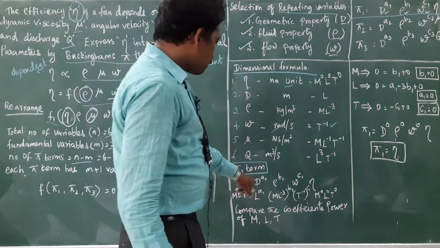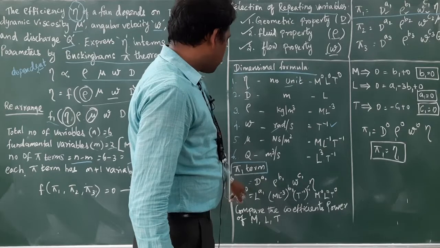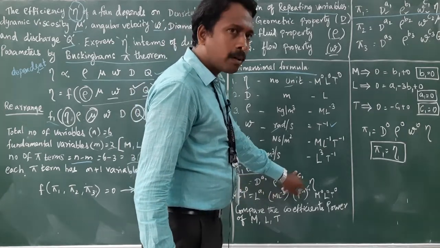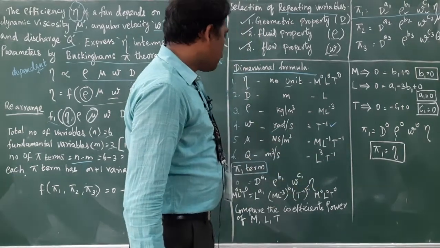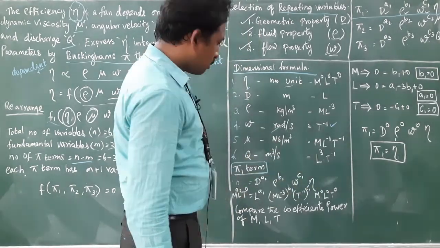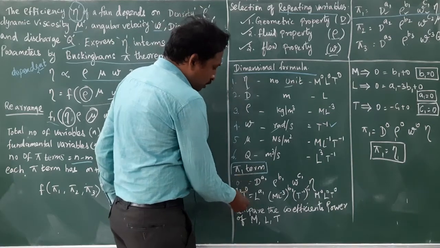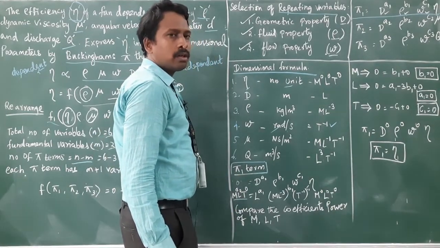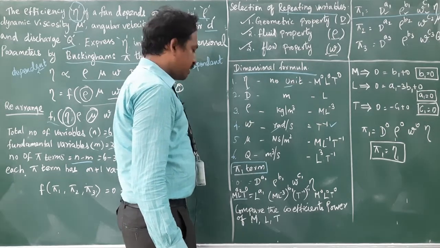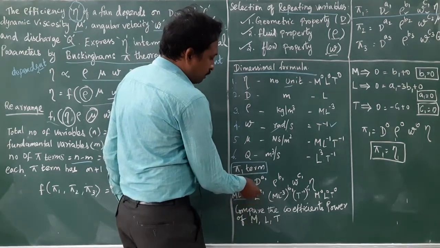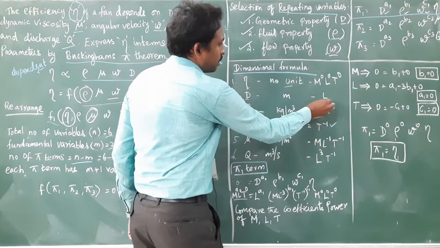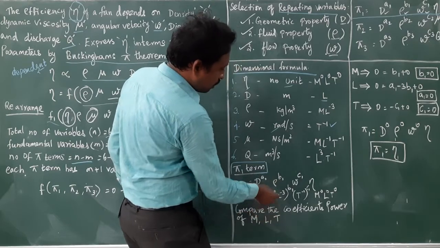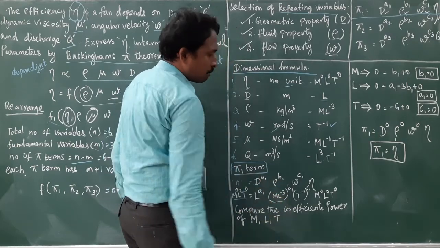Here the first pi term is pi 1 equal to d power a1 rho power b1 omega power c1 into eta. Apply the dimensional formula. For 0, the dimensional formula is M power 0, L power 0 and T power 0. Next, the dimensional formula for d is L. For rho it is M L power minus 3.